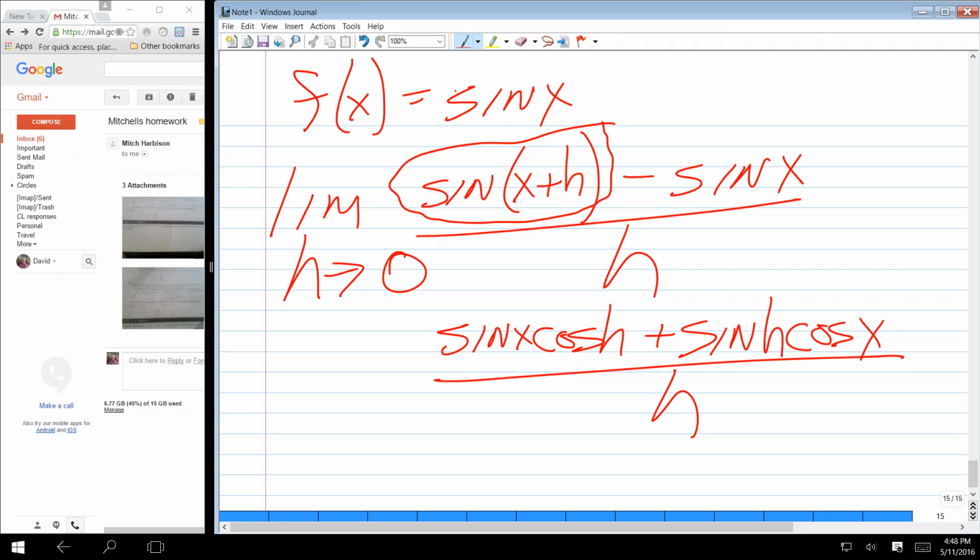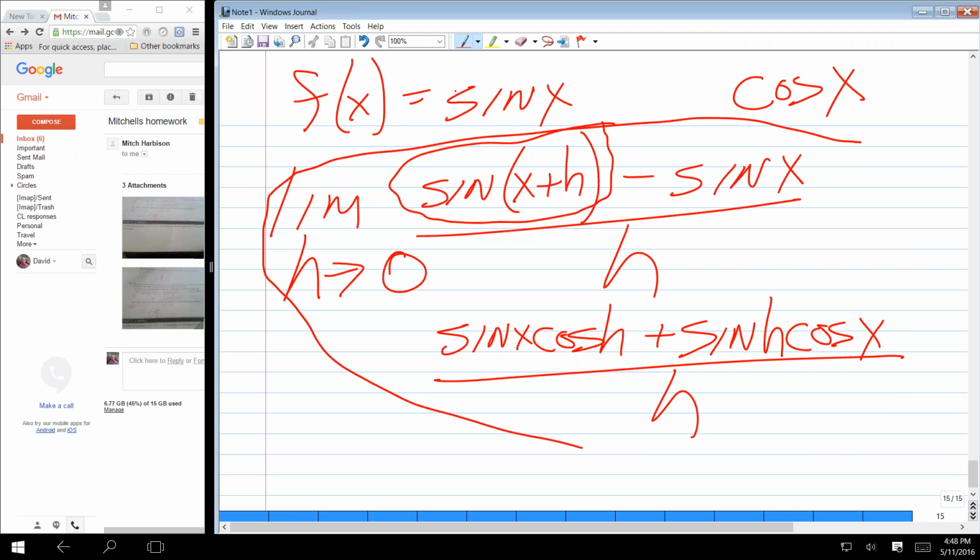I happen to know that the derivative of sine is cosine, and they tell you that. In other words, they don't make you do this math because it's not that easy to figure out how to do that math. I use the sum and difference to get to this step.